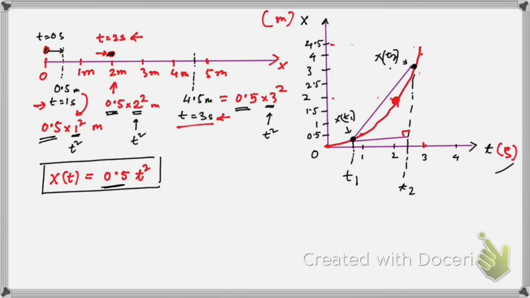From this position we have drawn a perpendicular here, and this is nothing but x of t2 minus x of t1. Let me represent it by del x, okay? And this interval of time will be given by t2 minus t1. This is t1, this is t2, so this portion will be t2 minus t1. Let me write this one as del t, okay?